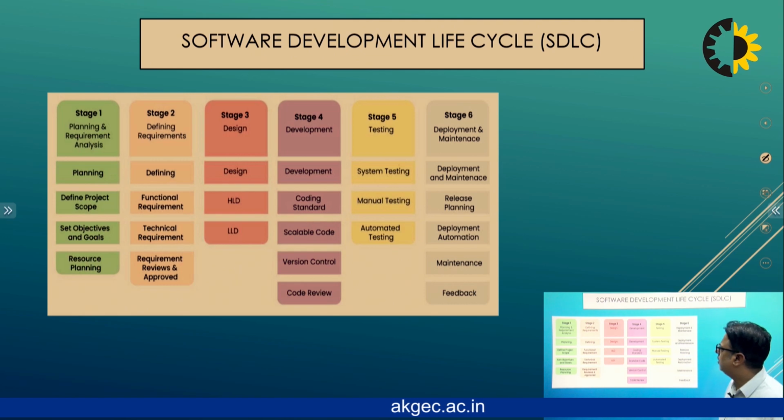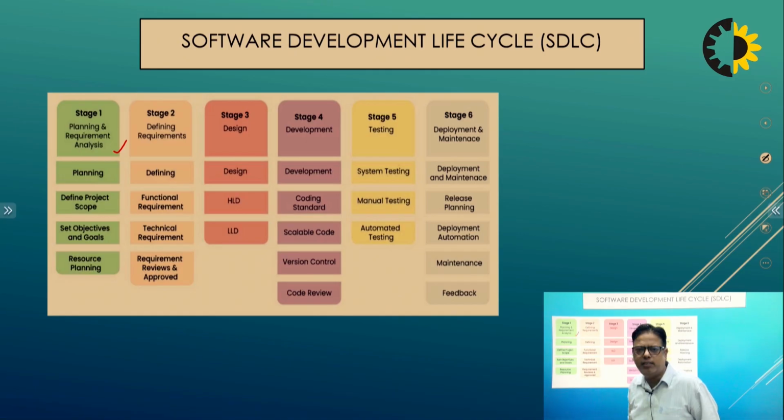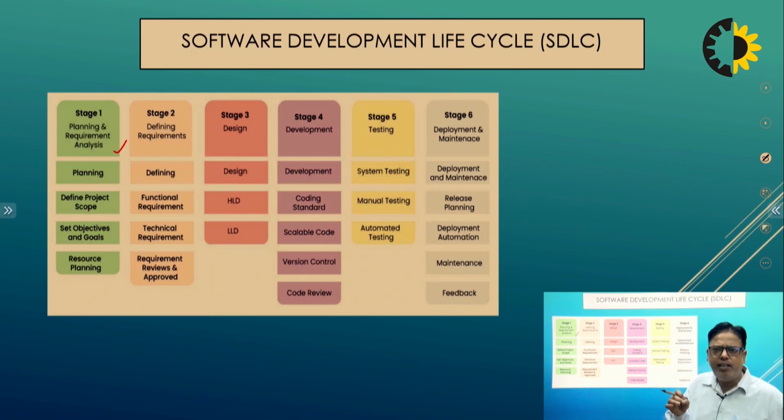Now, we discuss the phases and stages used in the software development life cycle models and frameworks. The first stage is planning and requirement analysis. When we develop any software, we need to plan and elucidate the requirements. How can we collect the requirements from the customers?